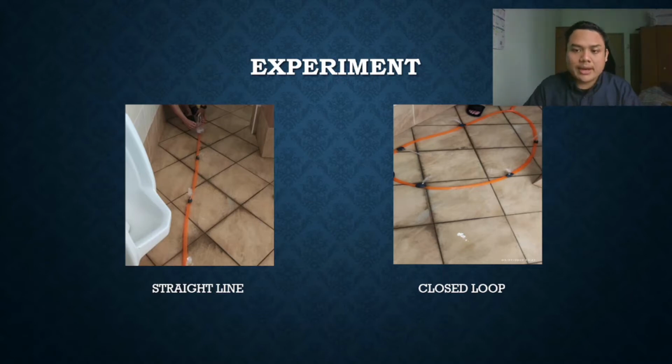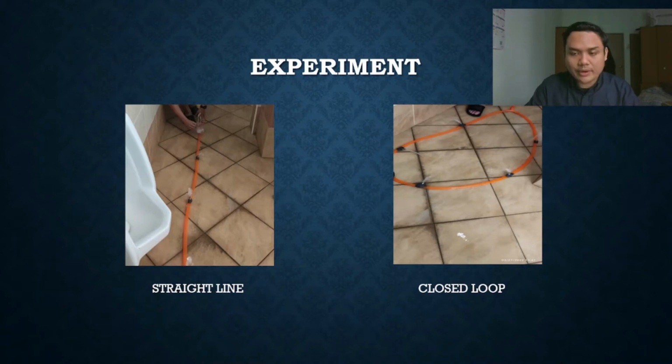The second one is the closed loop. For the closed loop configuration, we use the same length as the straight line and the same amount of nozzles as the straight line, but we use the T connector to connect the start and the end of the pipeline, so that the water will inlet in two directions.